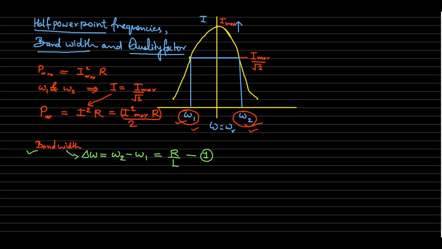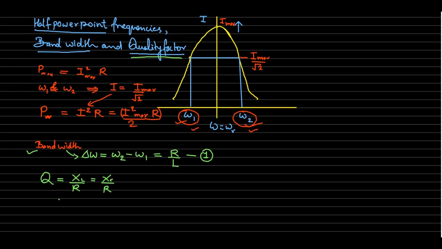Now next thing, we want to define the quality factor. Now what is quality factor? The quality factor is the ratio of inductive reactance to resistance, or the ratio of capacitive reactance to resistance.